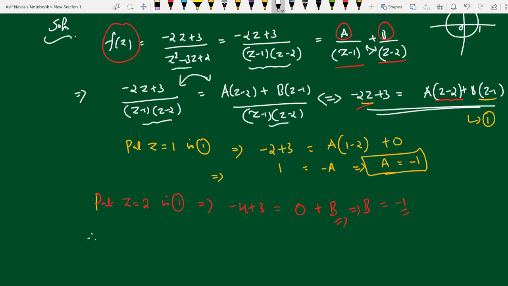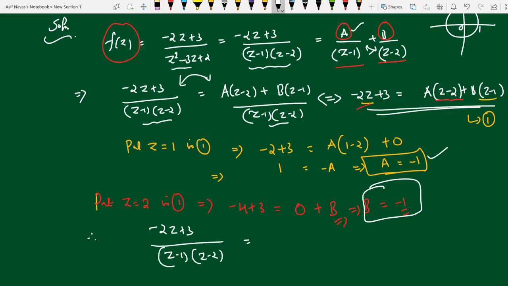Therefore we can write minus 2z plus 3 divided by z minus 1 into z minus 2 is equal to, A is minus 1 and B is also minus 1, so minus 1 by z minus 1 plus minus 1 by z minus 2.